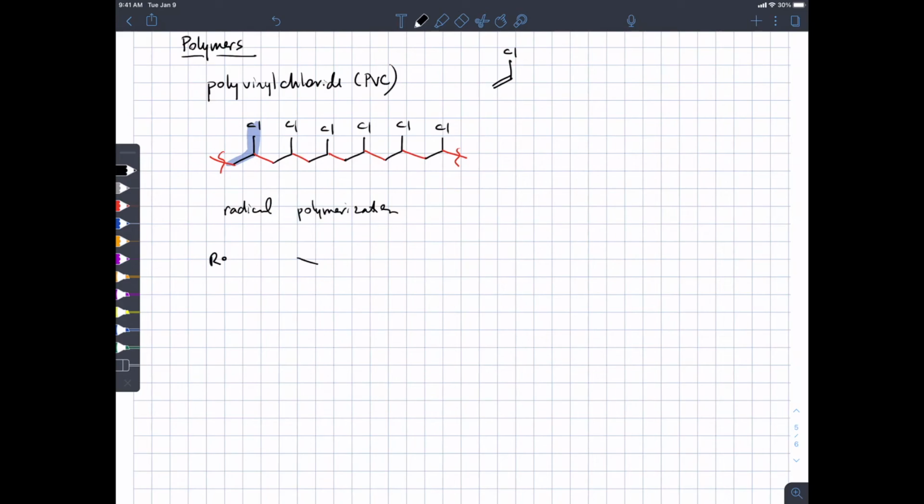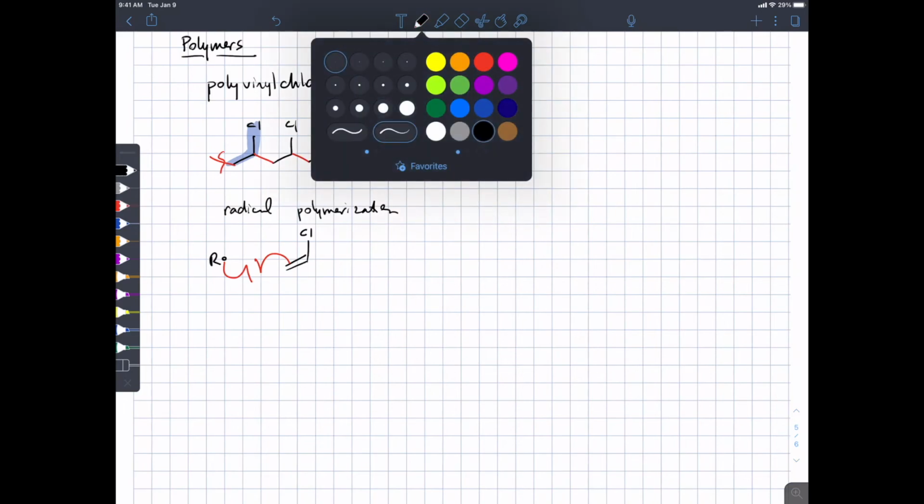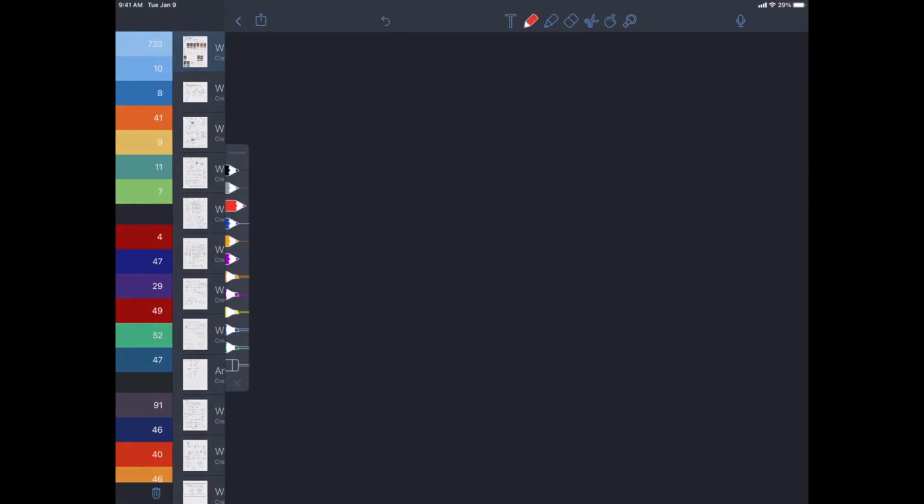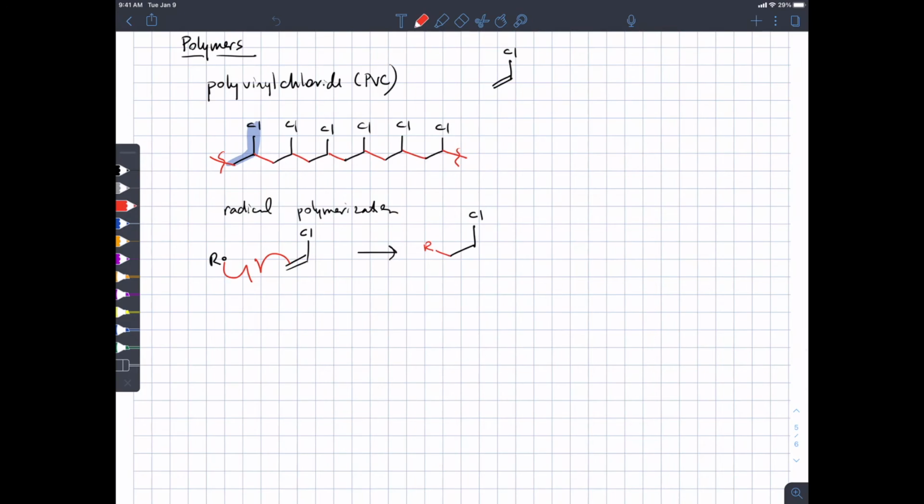So in the case of vinyl chloride, the initiator attacks the pi star and breaks the pi bond, and it forms a bond selectively with the less substituted carbon so that the more substituted carbon can have the radical. In this case, the radical ends up adjacent to a chlorine. Chlorine's got lone pairs on it, and so that intermediate is actually resonance stabilized.